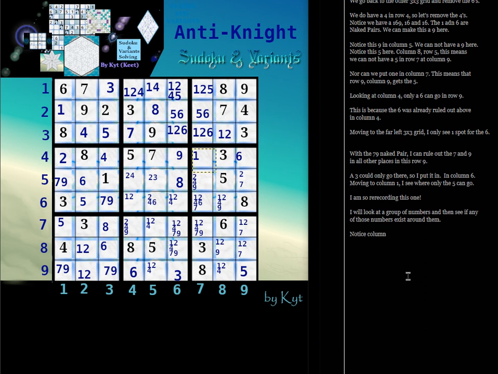Notice column 9, there is only one spot for the 6, because all other spots already ruled out the 6.